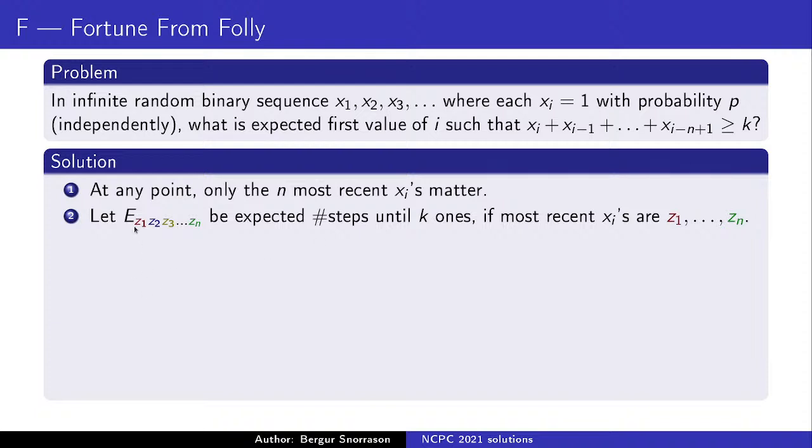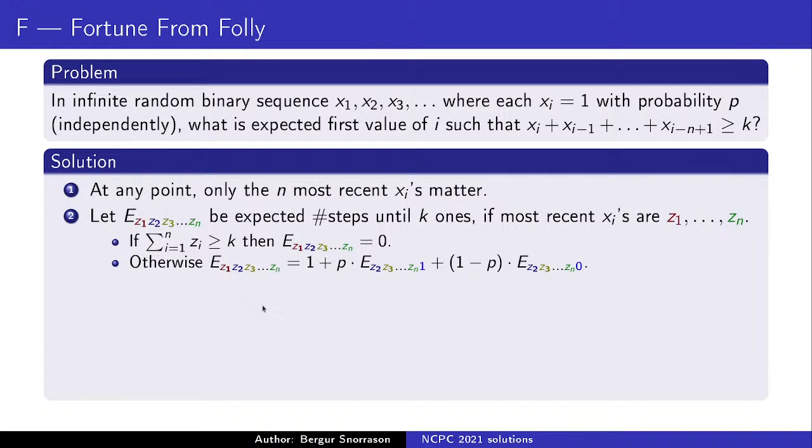So let e subscript z1 up to zn be the expected number of steps until we have k ones if the most recent x_i values we saw were z1 up to zn. So then if the sum of these z_i's is at least k, well then we already see k ones. So then this expected value is 0. We don't have to take any more steps until we have k ones.